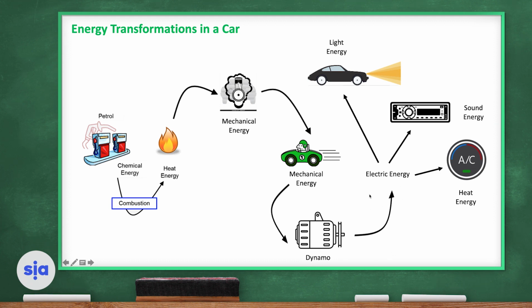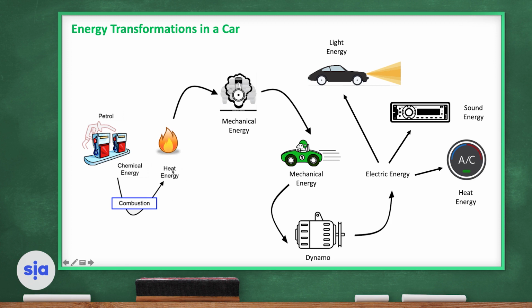And this electric energy will be converted into light energy while using the lights of the car, sound energy while using the stereo of the car or the MP3 player, and heat energy while using the AC when it is too cold. Again, to wrap it up: chemical energy from fuel, through combustion, into heat energy.